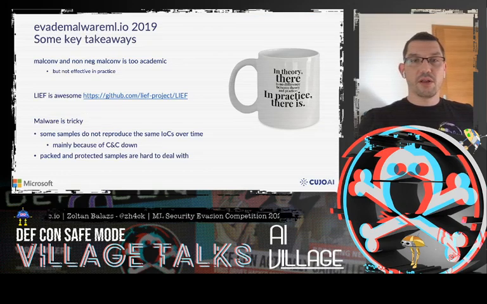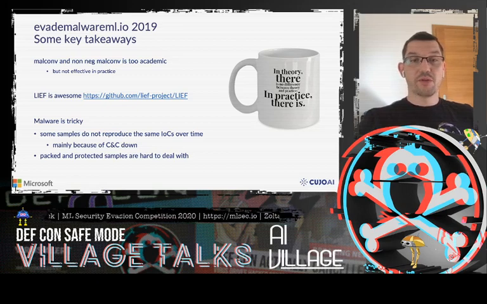For us, there were some key takeaways from last year's competition. For example, some of the machine learning models are way too academic, but not very effective in practice. Turned out it's not just us, but everybody thinks that the LIEF tool is awesome. This is a Python package you can use to modify binaries.